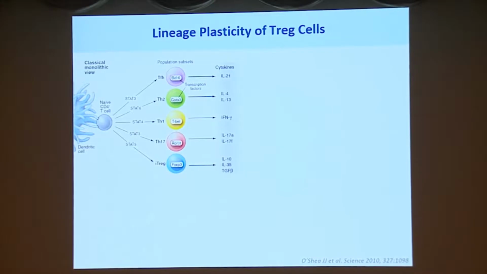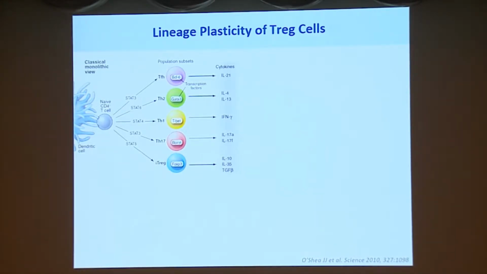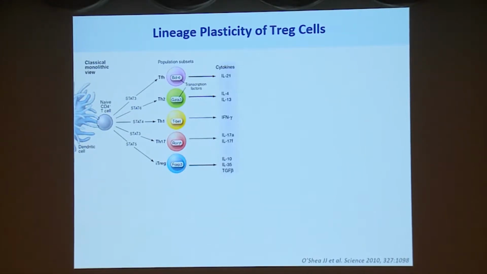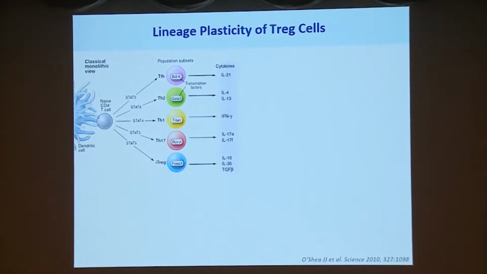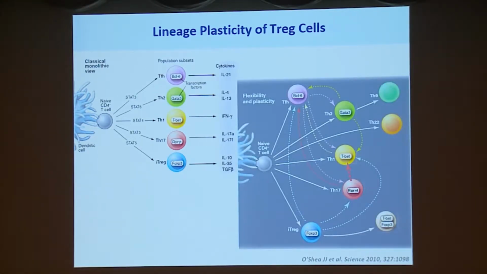Now the figure is showing the differentiation of CD4 T cells into different types of effector T cells, including helper 1 cell, helper 2 cell, helper 17 cell, and Treg cell. Initially, we thought that once differentiated, they keep their function in this differentiated status without any plasticity. But later, many scientists reported that they can flexibly be converted to other types of T cell.